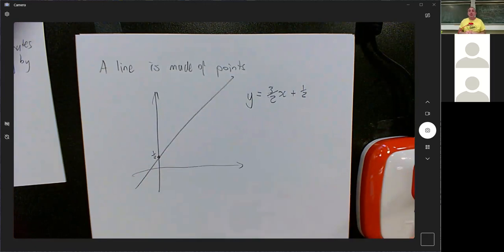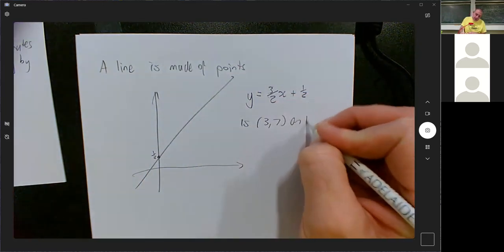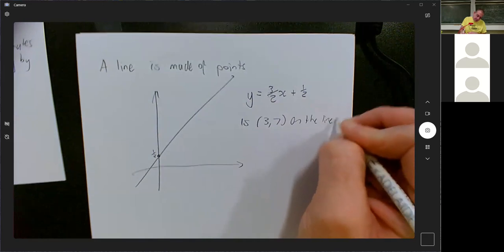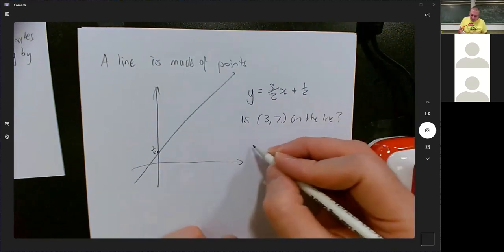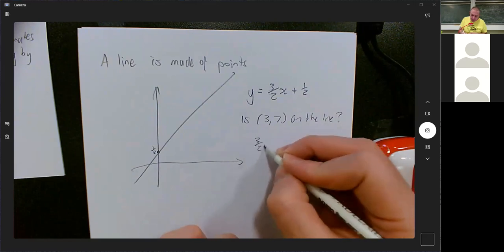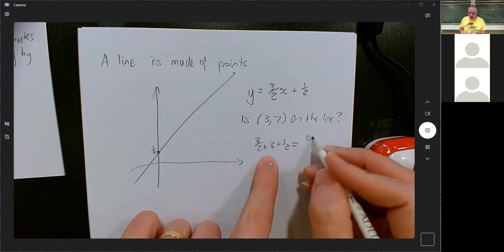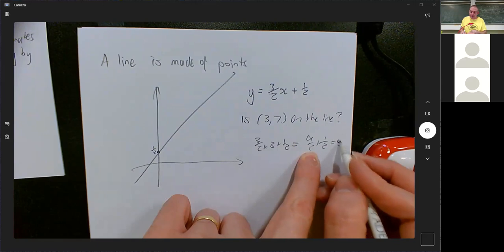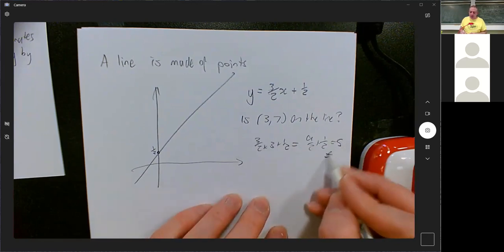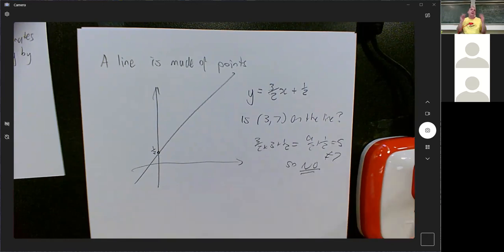So if I pick a random point, is the point (3, 7) on the line? Well, let's see. 3 on 2 times 3 plus a half is 9 halves plus a half. 9 halves is 4 and a half, so that's 5, which is not equal to 7, so no, it is not on the line.